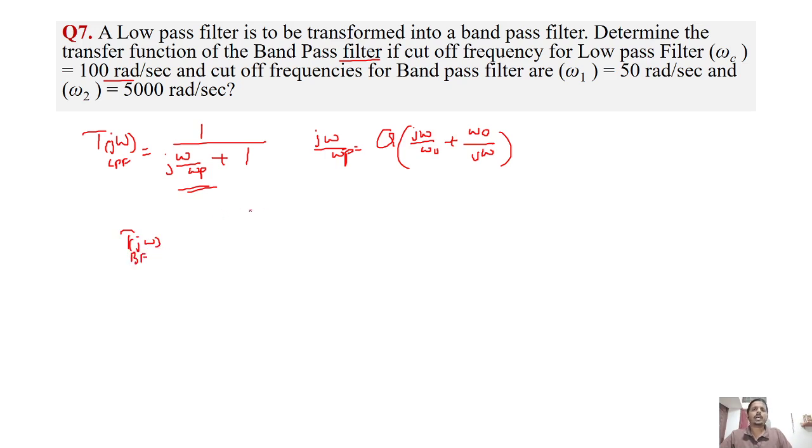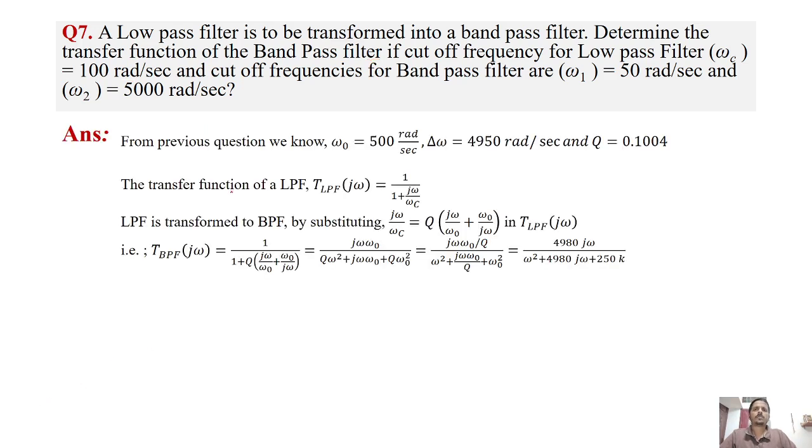Already I have found the value of Q and the value of omega naught. I just need to substitute those values and we'll get the relation. So let me jump to the solution itself. On substituting 1 by j omega by omega c equal to Q into (j omega by omega naught plus omega naught by j omega) in the low pass transfer function, I will get the band pass transfer function. We expand these values and get j omega omega naught by Q divided by omega square into j omega omega naught by Q plus omega naught square.